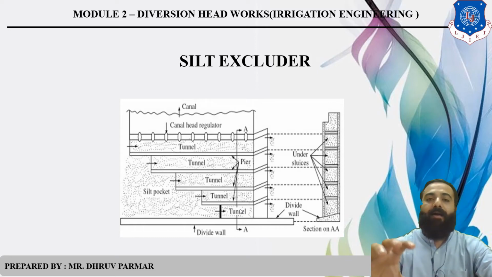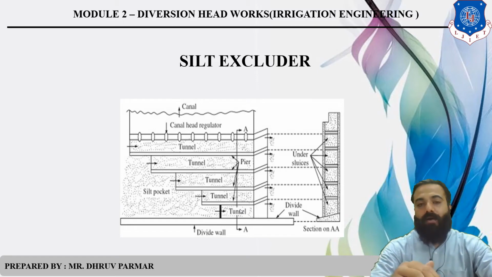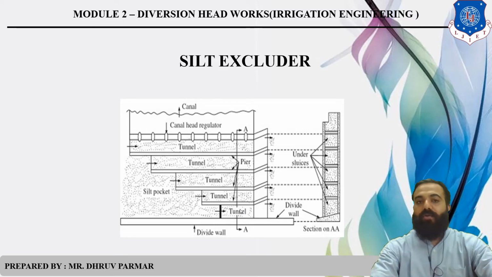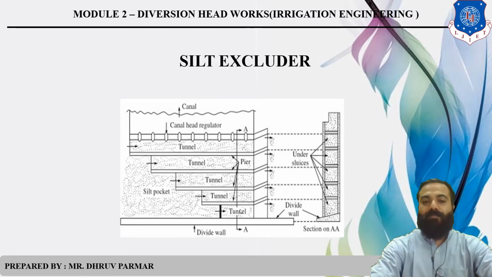So the silt settles down between the tunnel and the rim, and the upper layer of water, which is clear, goes to the CHR. This is the process by which you can prevent entry of silt into the main canal.